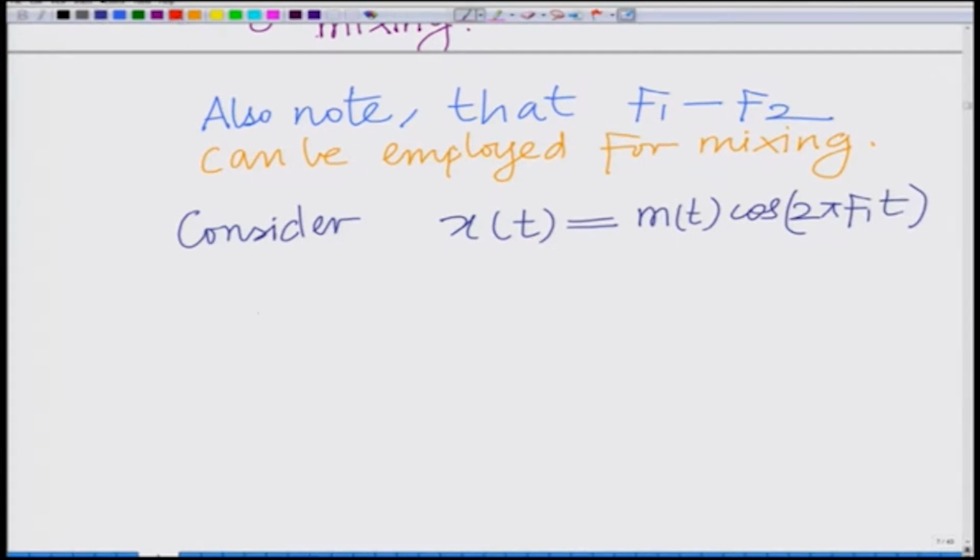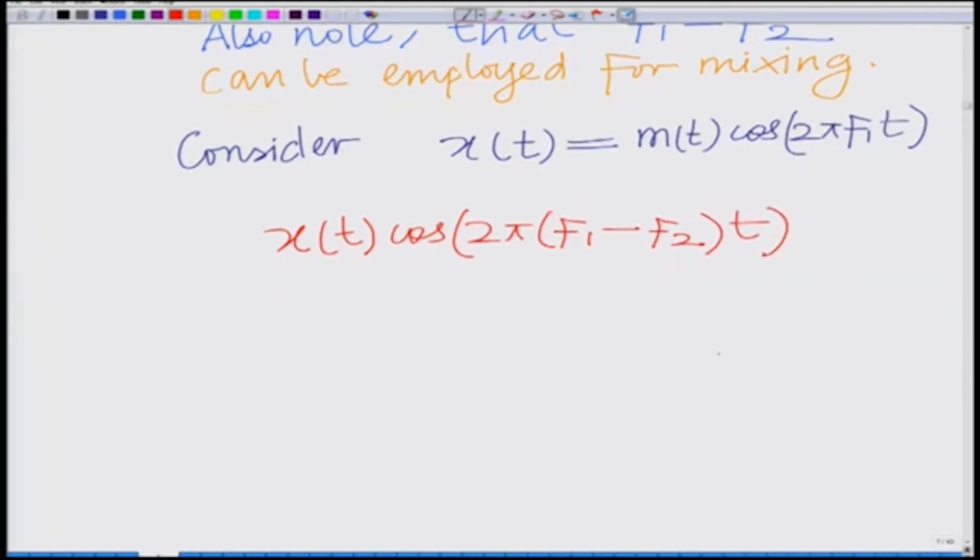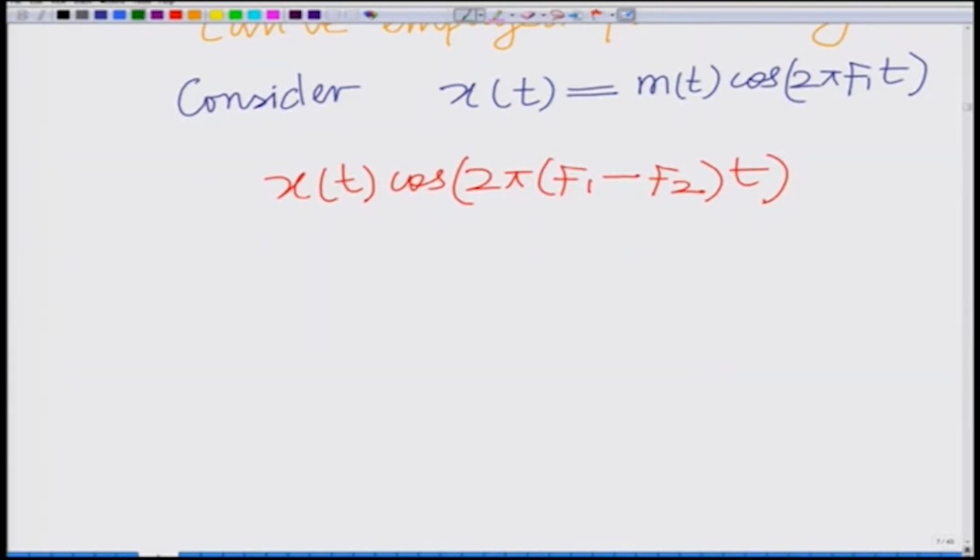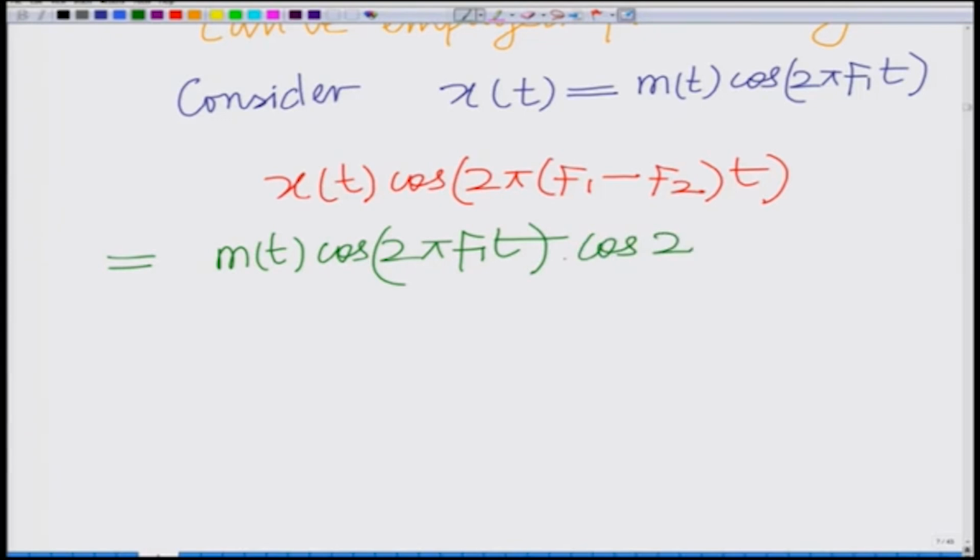Now, this is mixed with cosine 2 pi (f1 minus f2) t, which gives m(t) cosine 2 pi f1 t times cosine 2 pi (f1 minus f2) t.